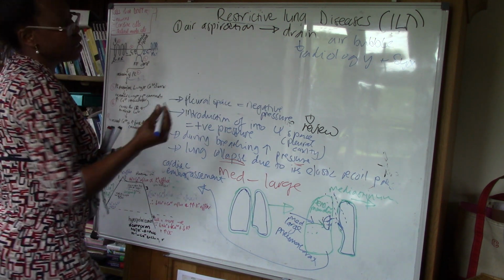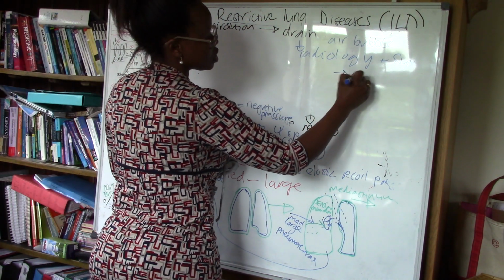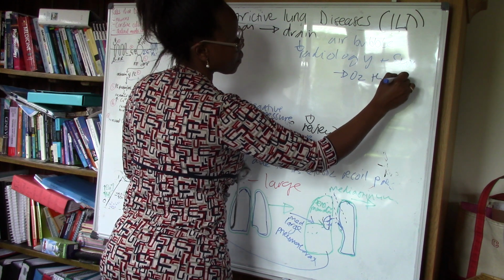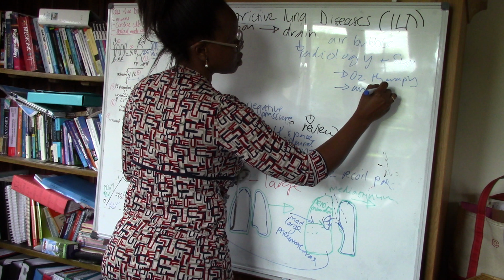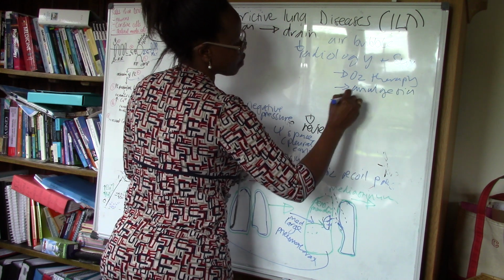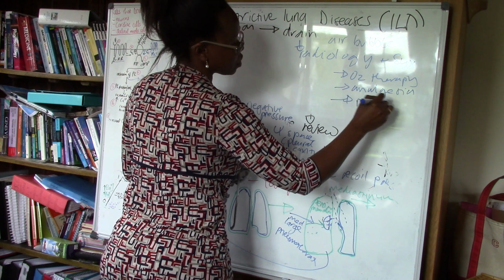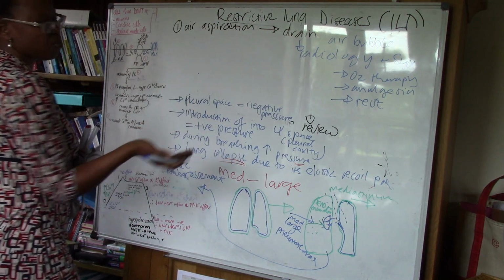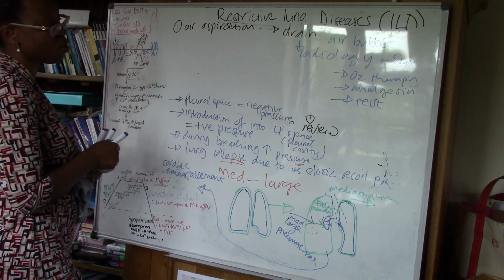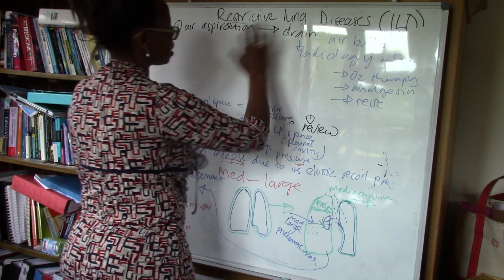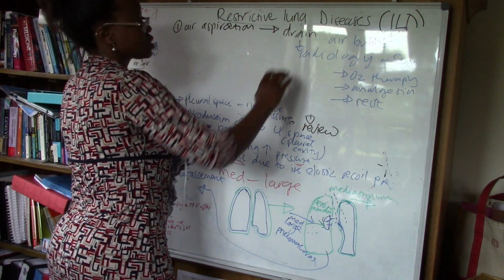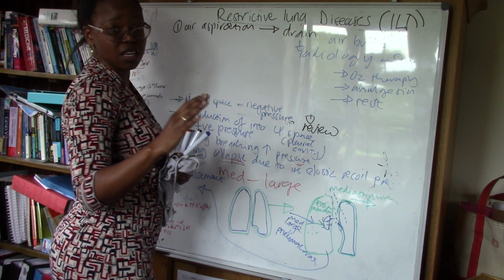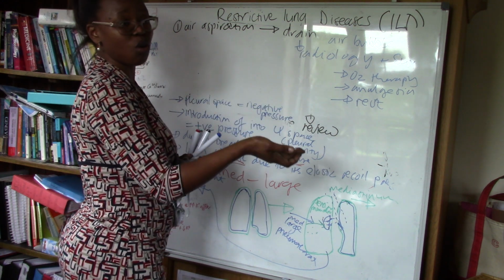Other supportive measures include oxygen therapy, analgesia, and resting. While people with a small, tiny pneumothorax can resume activity, people with medium to large have to rest. You would expect that once you drain the pneumothorax, it will resolve.